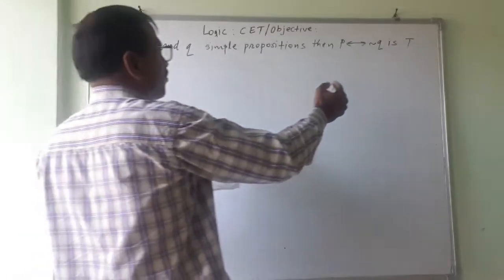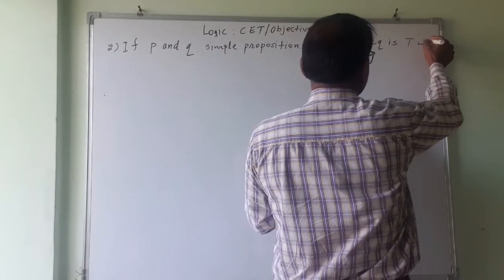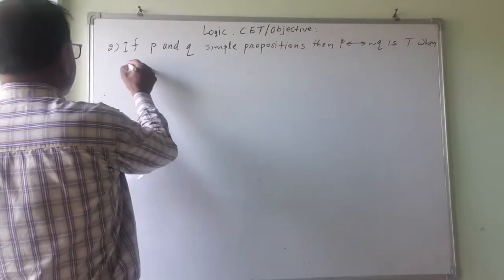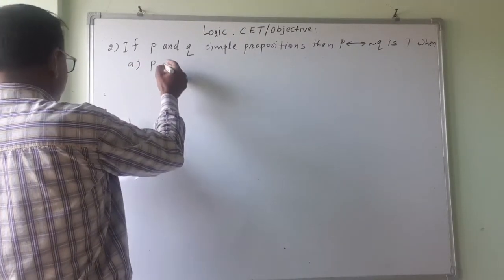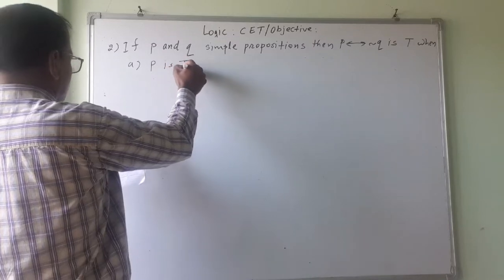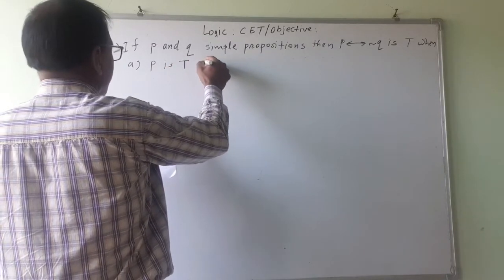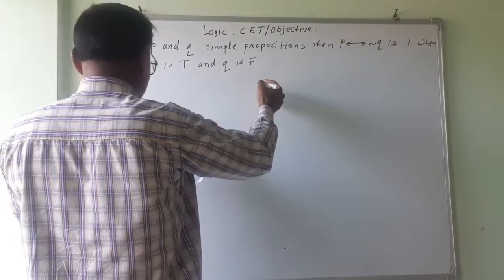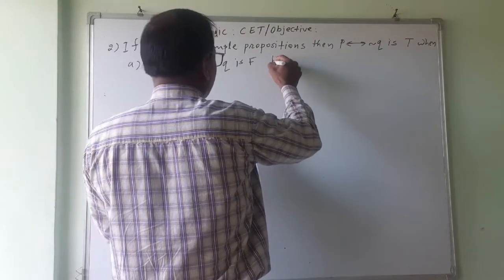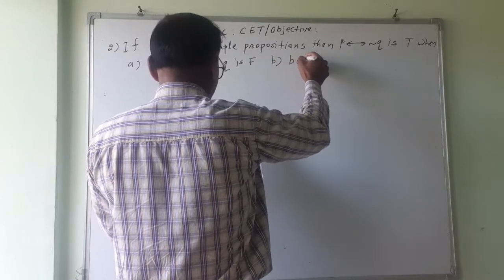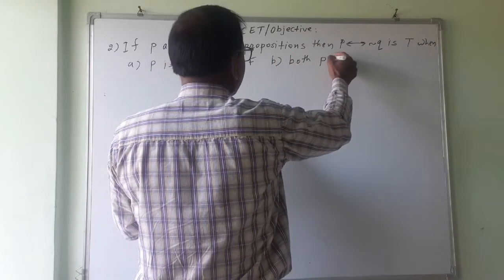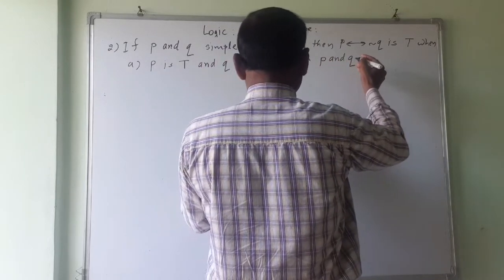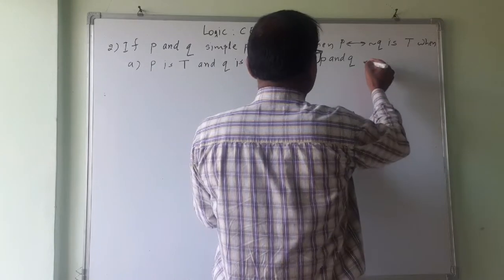Is true when A, P is true and Q is F. B, both P and Q are true.